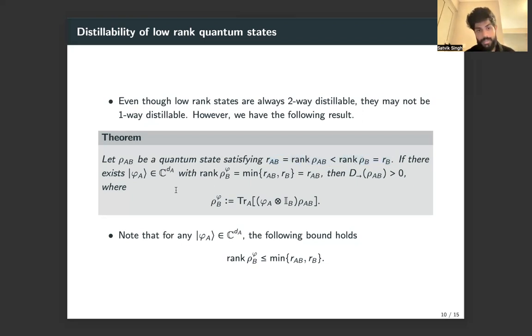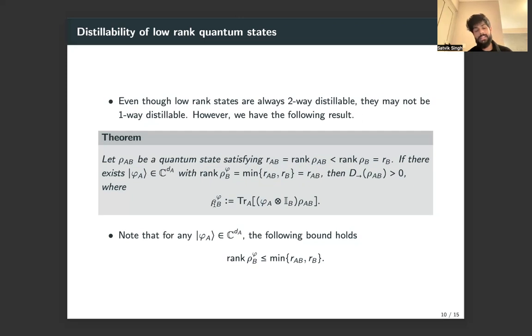So first of all, you assume the low rank constraint, and then you assume that there exists a pure state phi on Alice's subsystem such that the rank of this object is this. Now, let me clarify what I mean by this object. This rho phi sub B is basically a partial trace over A, but with respect to this pure state on Alice's subsystem that we have assumed to exist.